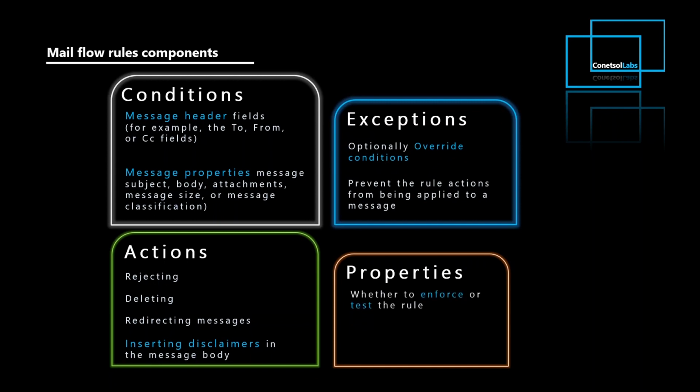Properties define when the rule should be applied, and whether to enforce or test the rule. We can also specify the time period when the rule is active. In the lab session, these components will be highly used while creating mail flow rules.